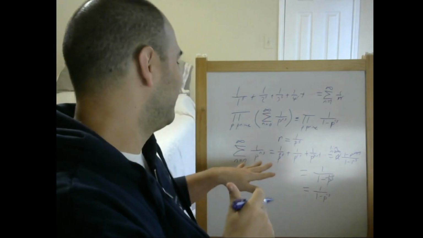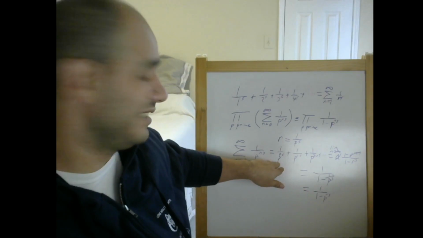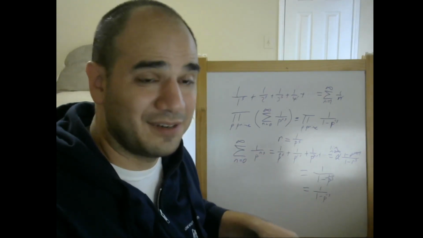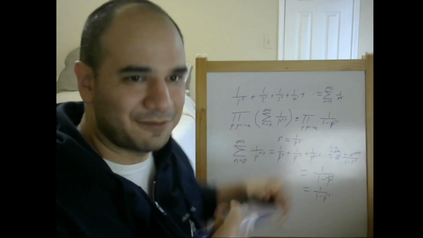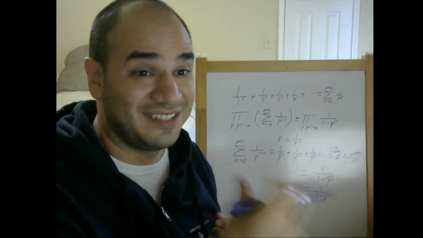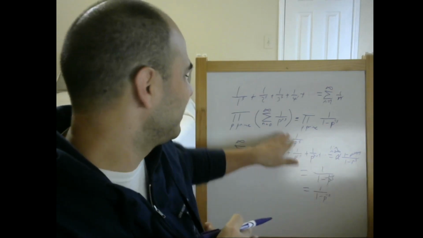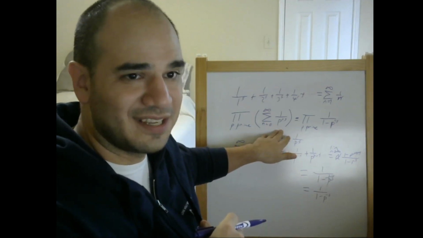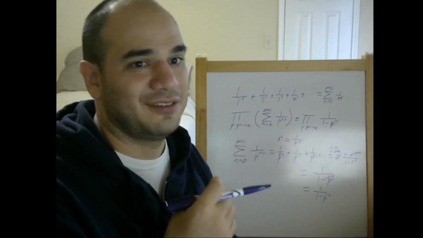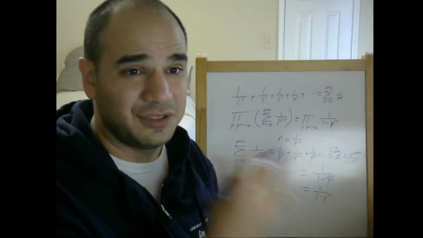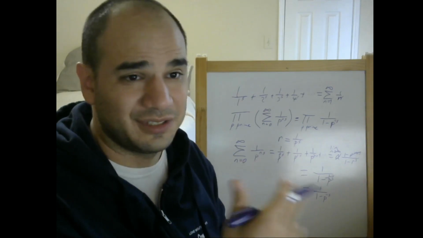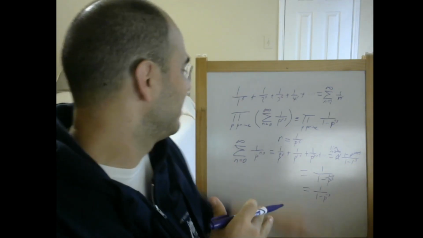And so every one of these series is going to have 1 sitting at the front, and then the powers. If we go back to where we're selecting one term from this series, it's either 1 over 2 to the 0, 1 over 2 to the 1, 1 over 2 to the 3, and so forth.